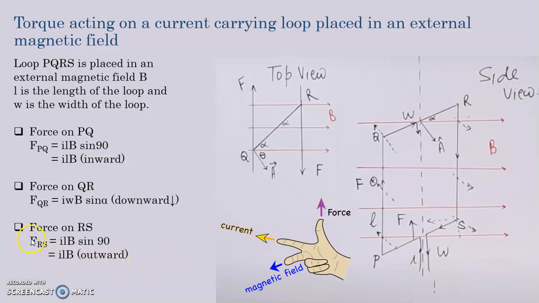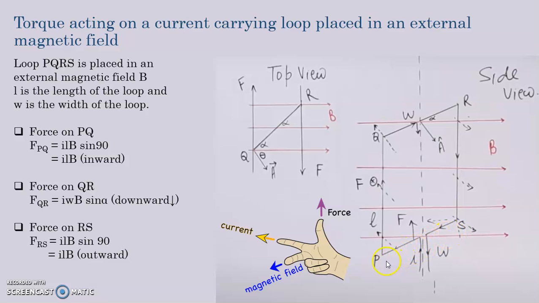And the formula for force on RS is given as ILB sin 90, where I is the current flowing through RS, L is the length of RS part of the coil, B is the external magnetic field in which RS is placed, and theta is equal to 90 as angle between length RS and external magnetic field is 90. We know that sin 90 is equal to 1. So FRS will be equal to ILB and it is in outward direction given by right hand rule.